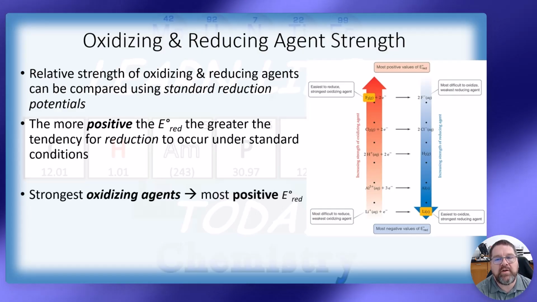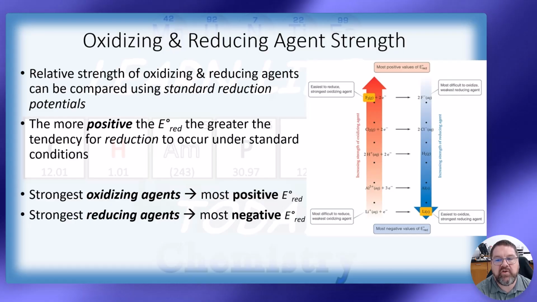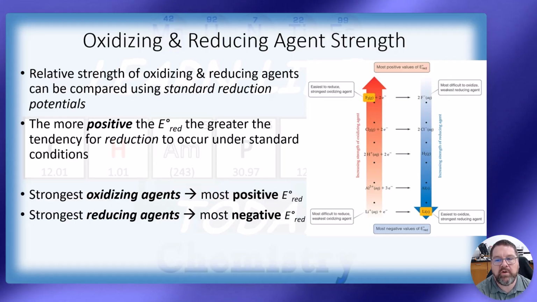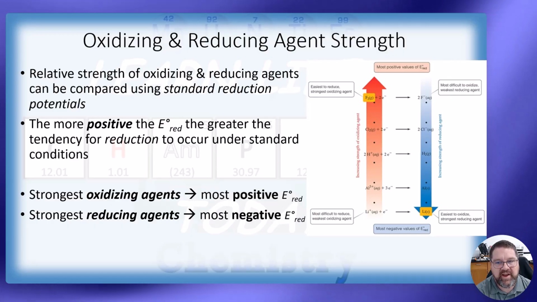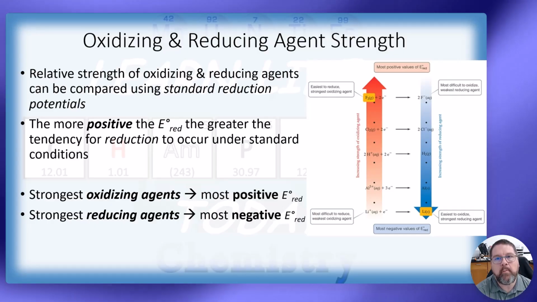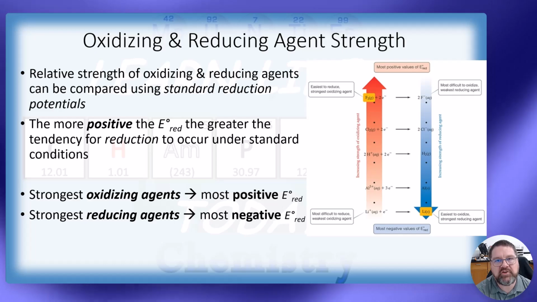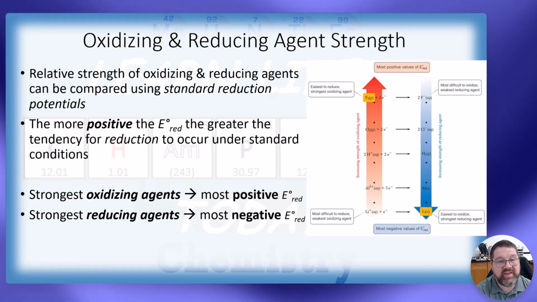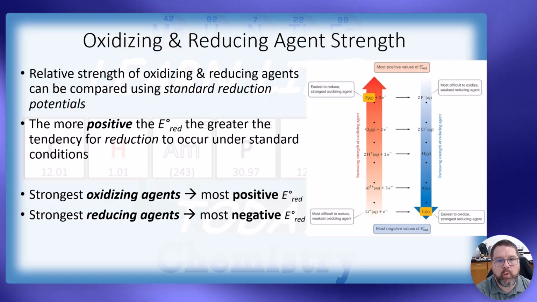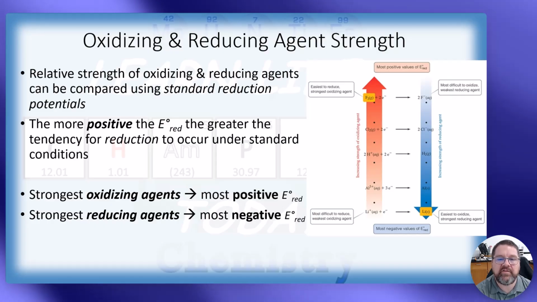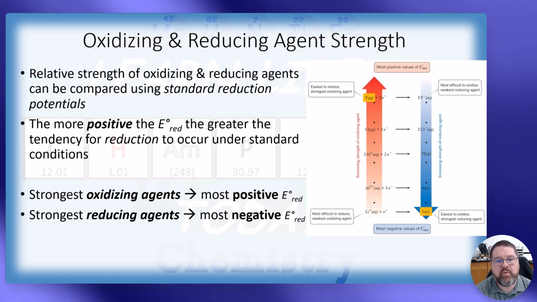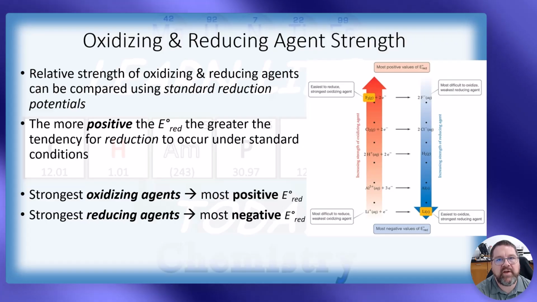The more negative the standard reduction potential is, the more likely it is to be oxidized and therefore serve as the stronger reducing agent. Okay, so positive standard reduction values means that the element or the species is more likely to be reduced, and therefore it's going to serve as a strong oxidizing agent. The more negative the value is, the more likely it is to be oxidized and therefore serving as the best reducing agent.